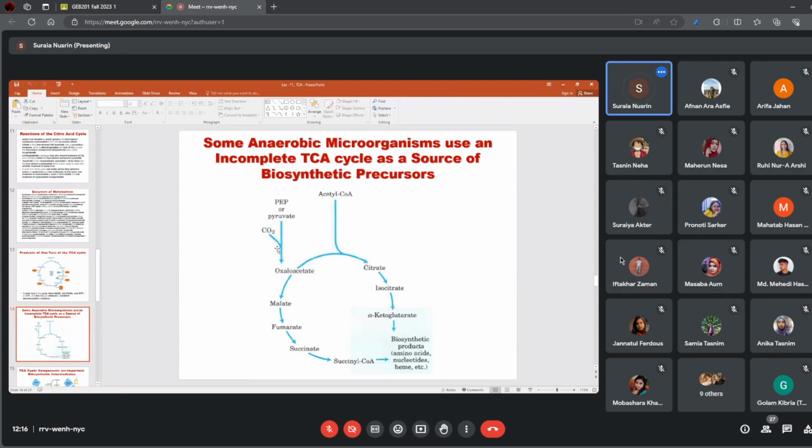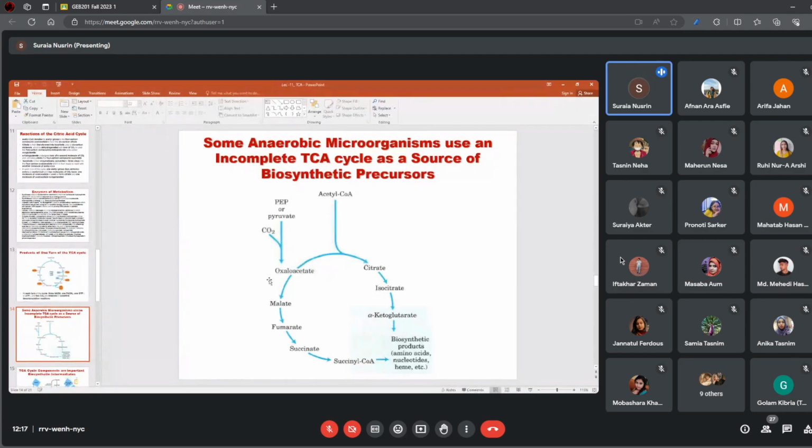So in this cyclic pathway, oxaloacetate is not regenerated. So the cell has to synthesize oxaloacetate to keep the cycle operating. The source of the oxaloacetate in these anaerobic microbes is from phosphoenol pyruvate or pyruvate.